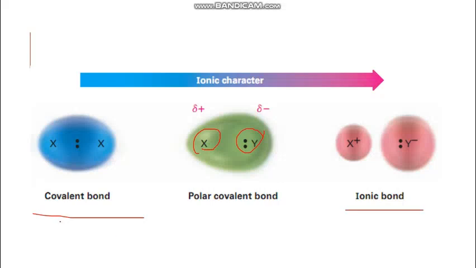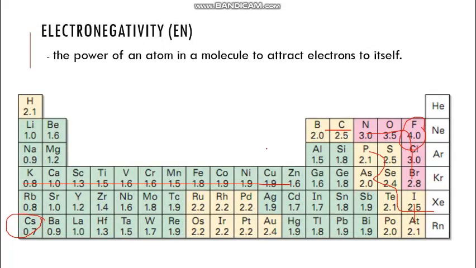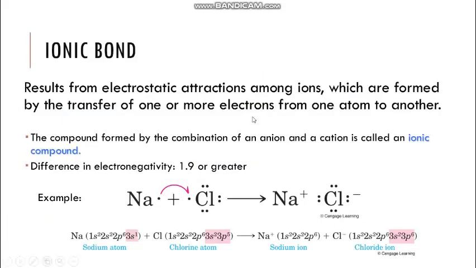Okay, so this figure shows the range in bonding from covalent to ionic. So this range is a result of an unequal distribution of bonding electrons between atoms. So first, we have the ionic bond. Ionic bond results from electrostatic attractions among ions.